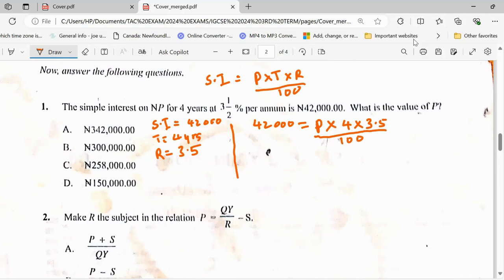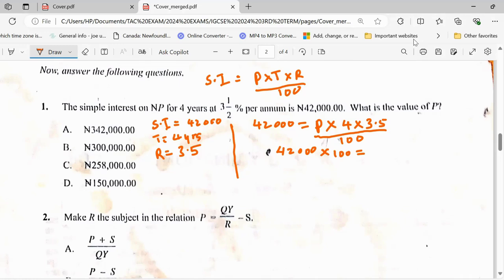Now, what we are going to do here is to cross multiply or make P the subject. First, we can cross multiply, or say multiply both sides by 100. So if you multiply both sides by 100, we are going to have 42,000 times 100 equals, now we are going to multiply 4 by 3.5.